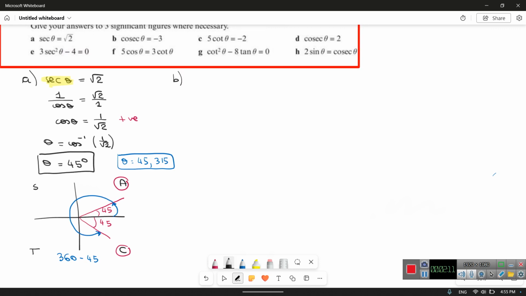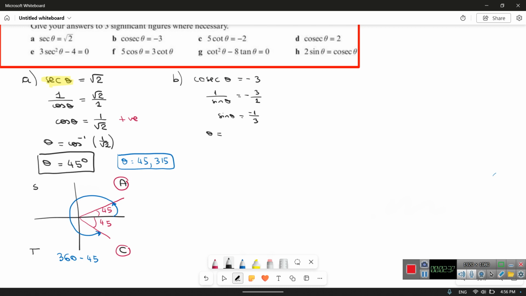For part B we have cosec theta equal to -3. If I think of cosec theta as 1 over sine theta equal to -3 over 1, so sine theta we get as -1 over 3.